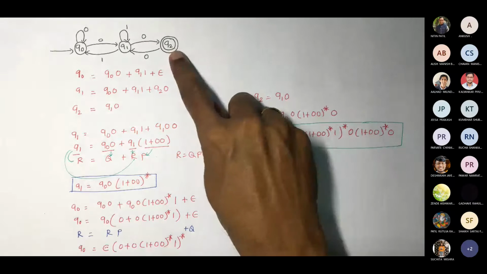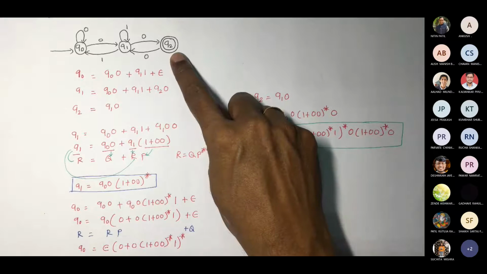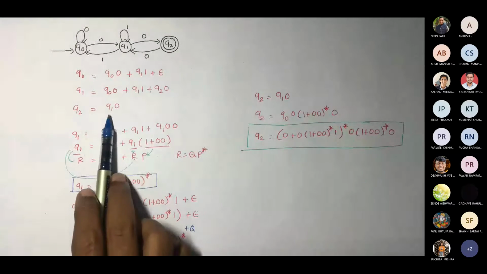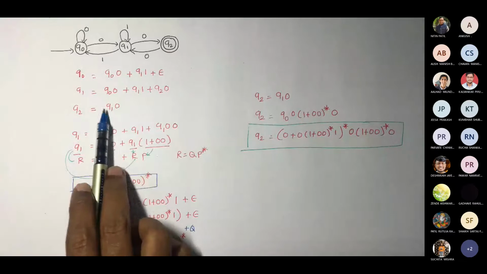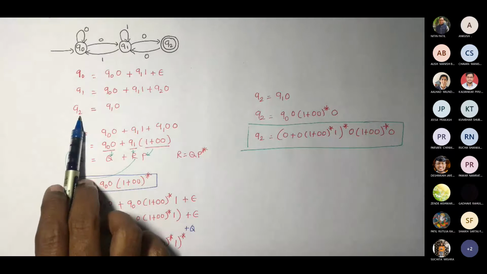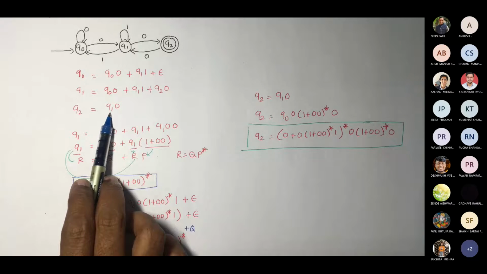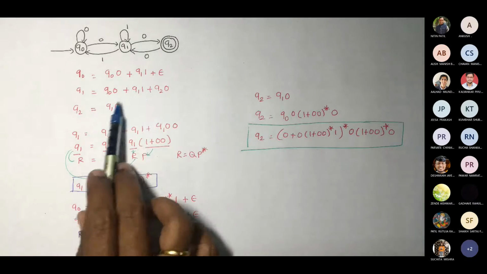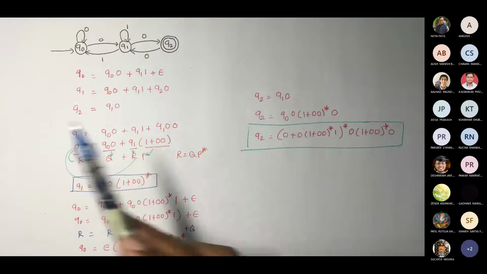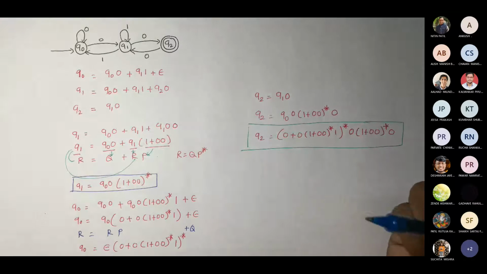What you have to do is solve majorly for the final state. While you are concentrating on the equation for the final state, you have to always see which states are there. So you have to solve this equation for Q1. If I have to solve Q2, I will require a value for Q1. So wherever Q1 was in the Q2 equation, I replaced it. This is to be done through your intuition: which one will I require to solve?